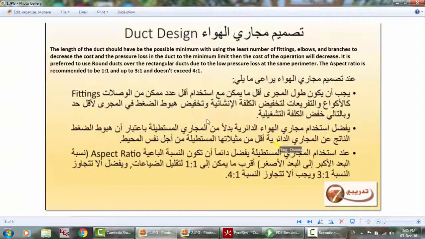So it's preferred to use round ducts over the rectangular ducts. Why? Because the pressure loss will be lower. At the round ducts, the pressure loss will be lower than the rectangular ducts at the same perimeter. And also it's recommended to use the aspect ratio, the length to the width, or the width to the length, to be 1 to 1.